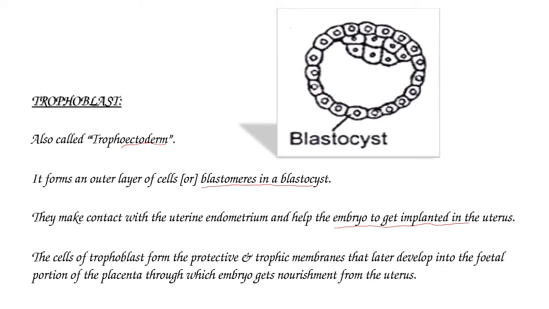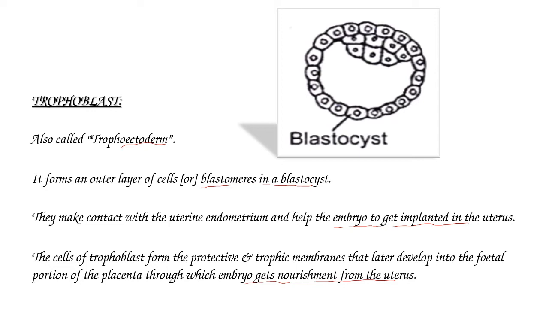The cells of the trophoblast form protective trophic membranes that later develop into the fetal portion of the placenta, through which the embryo gets nourishment from the uterus.